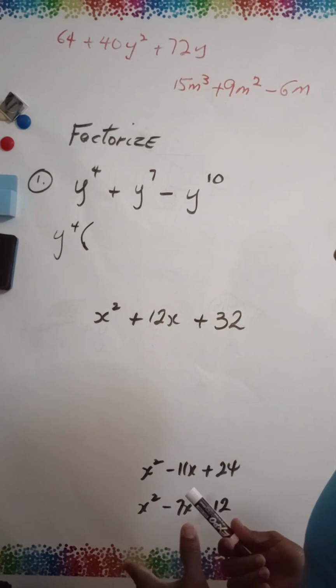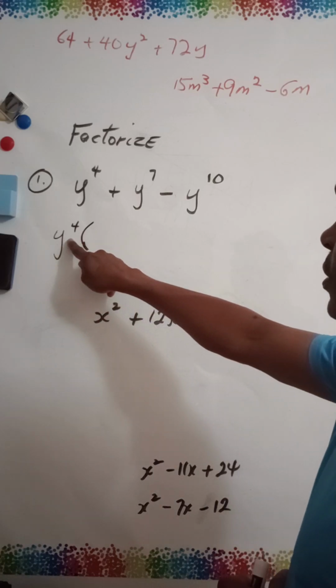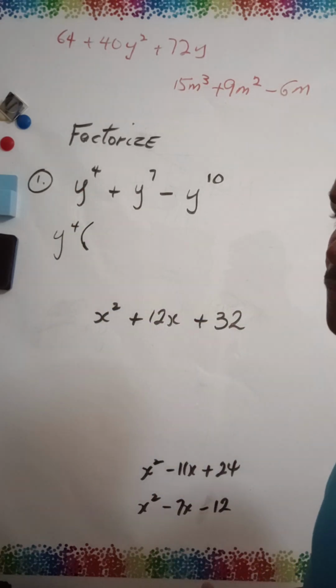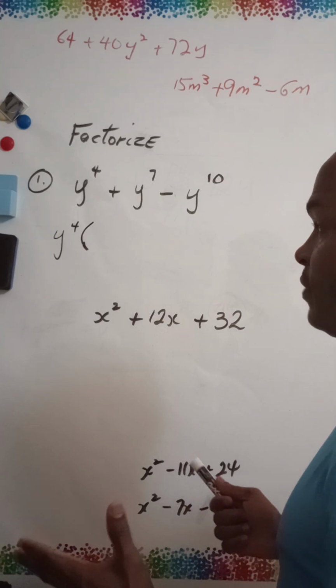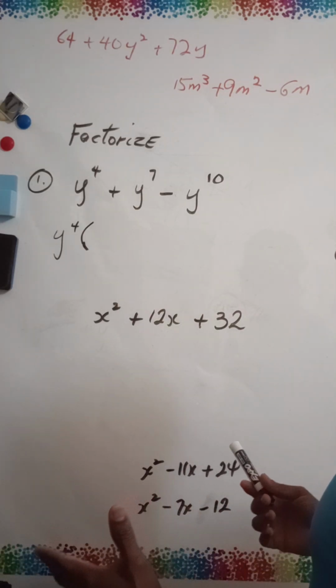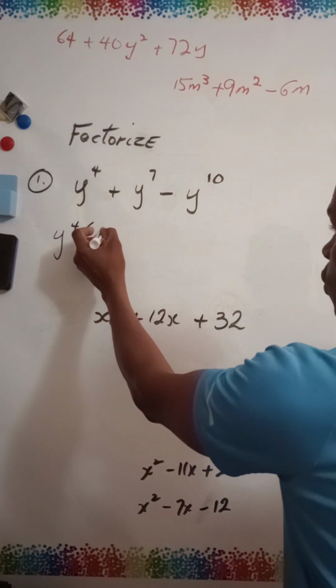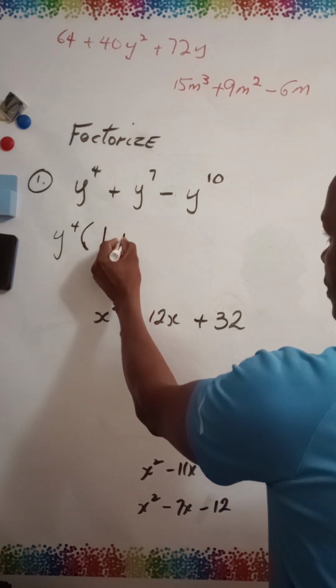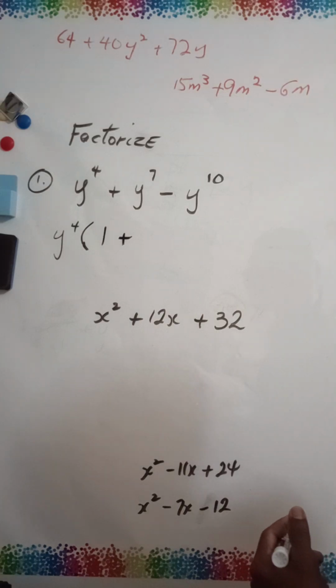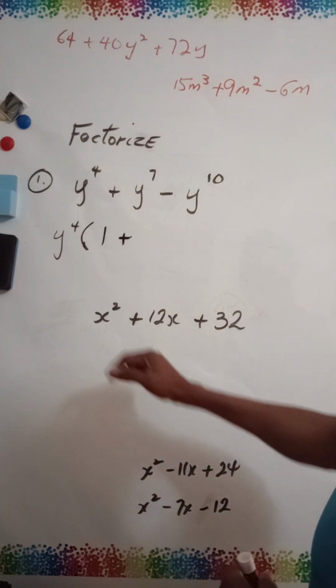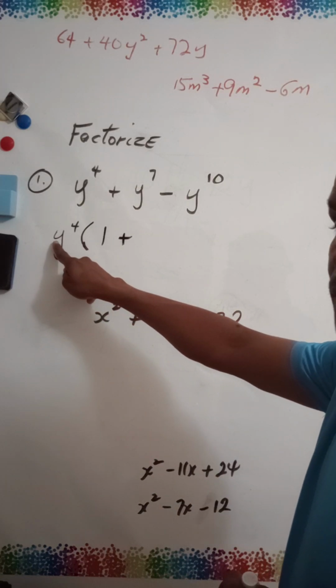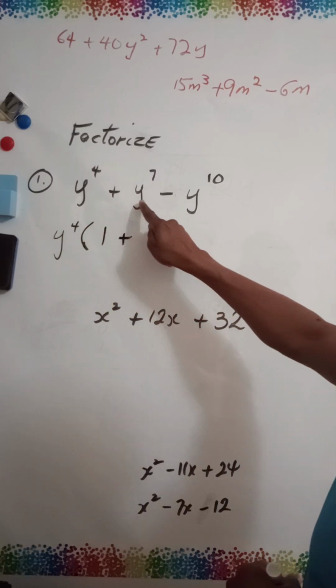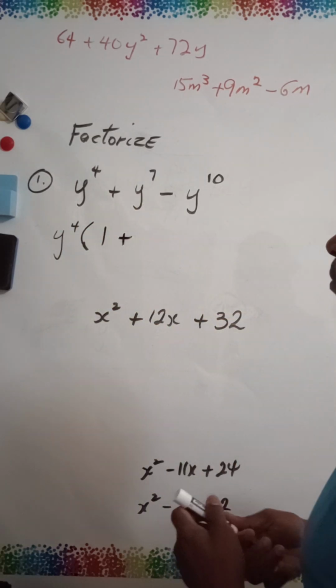Let's divide y to the fourth into itself. You know that when two quantities are dividing and they're the same, the result is always 1. So we have this one covered already, right? And in this case, y to the fourth divided by y to the seventh gives you what?